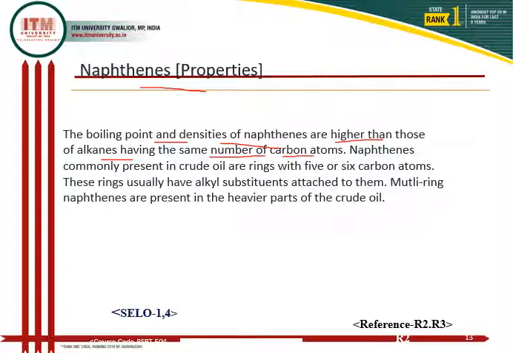Usually in crude oil, naphthenes of 5 and 6 carbon atoms are present, having alkyl substituents. Okay, so alkyl substituents attached to the cyclic saturated hydrocarbons are present in the crude oil. Multi-ring naphthenes are present in the heavier parts of the crude oil.